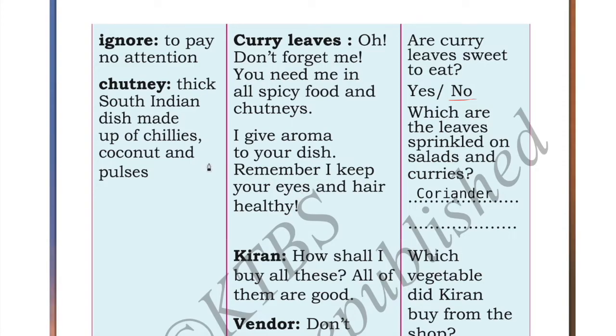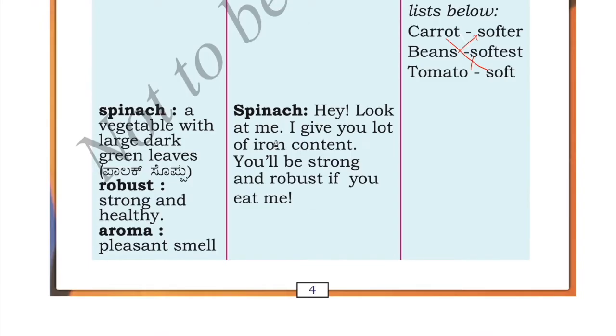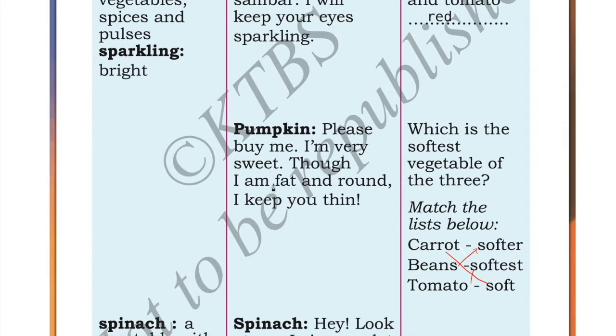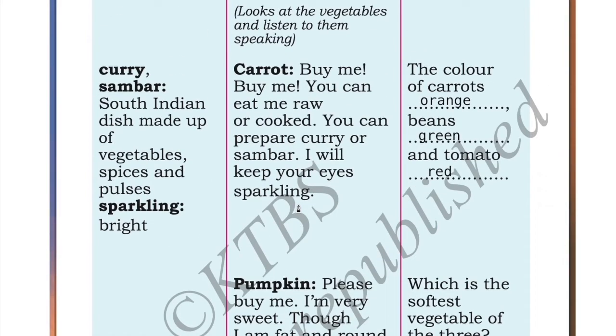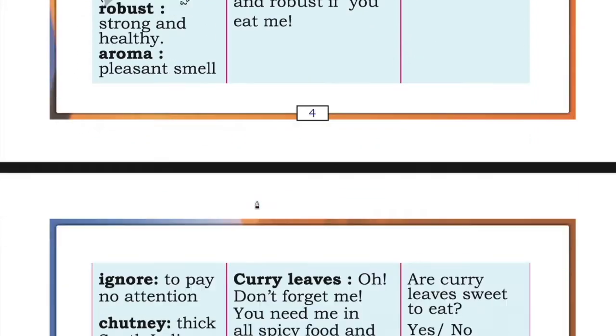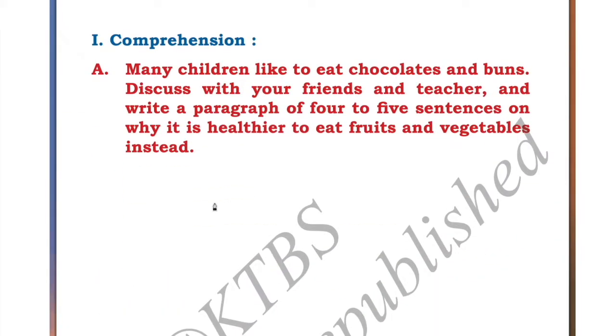We have curry leaves, which helps to keep our eyes and hair healthy. We have spinach, which is going to make us strong and robust. It will also give you iron content. Pumpkin is going to help you be thin, and carrot is very good for our eyes. So we can summarize that over here.